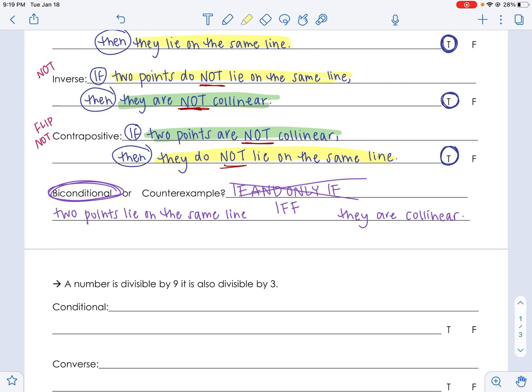So basically what I did was I took the yellow part and I took the green part and I put if and only if in the middle. And yeah, I'm aware you can't really drag and drop if you're writing it on paper. It's not as easy. So the one we had before worked as well if you replace the if with IFF. Just remember that biconditionals, when it's true, if and only if needs to be in your statement.